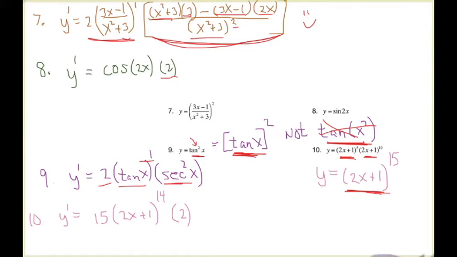You'd have ended up, assuming you did everything correctly, with the right answer. It just would be a little bit clunky. If you combine them into one, it's easier. We got something to the 15th, so it's 15 times that something to the 14th, and then chain rule the interior. So we got a factor of 2 to finish. And there is 7, 8, 9, and 10.